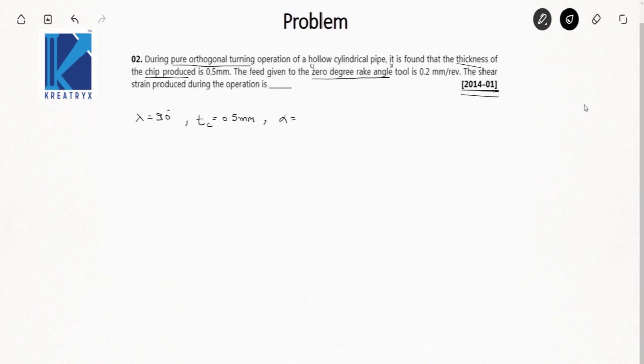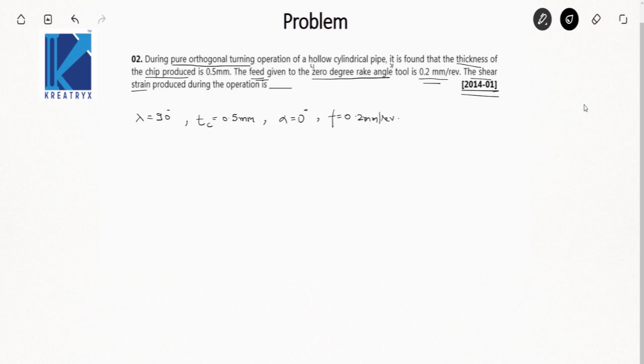Alpha is rake angle because rake angle is generally denoted by alpha, so I am writing alpha here. Alpha is equal to 0 degree. And what they have given, the feed is 0.2 mm per revolution. So feed is 0.2 mm per revolution.